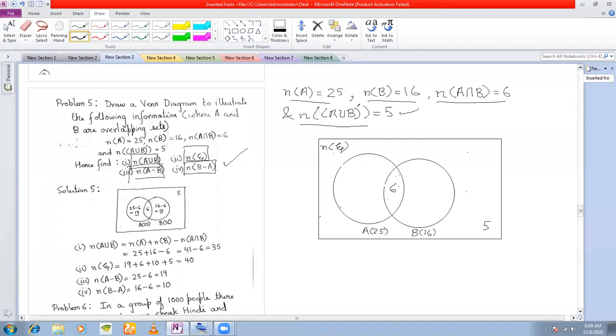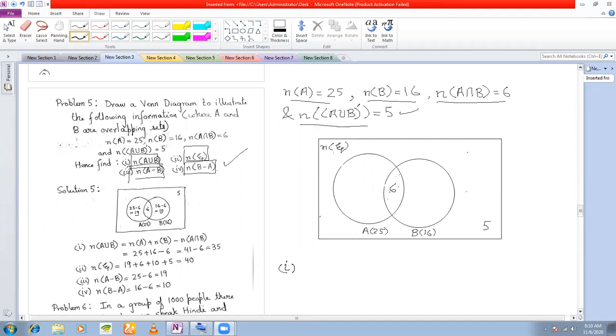Now we move on to find the answers to the questions. First question: you need to find the cardinality of A union B. A union B is the region inside both the circles, right?